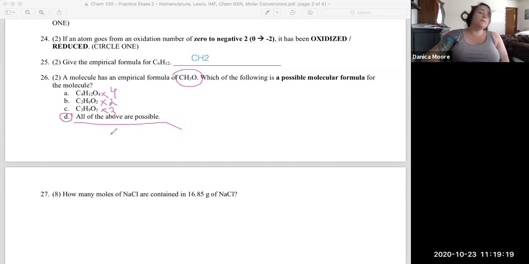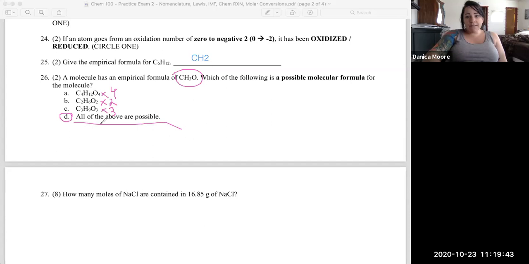Honestly, I hate multiple choice questions, but they are so much easier for setting up problems in Canvas and not having you misinterpret what the question is asking, since I can't be there when you're taking these.